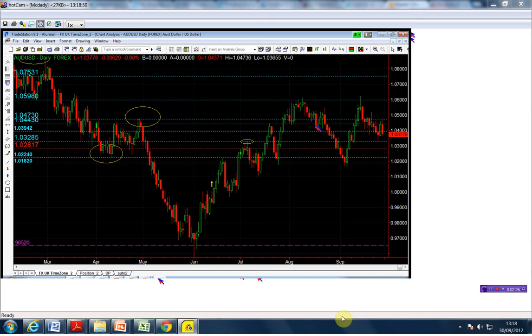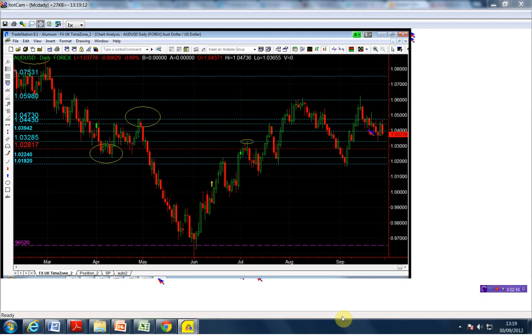And if you would have taken those trades from these structure points without giving it too much thought, if it's below the 104.43, you're going to go short. If it's above the 103.94, you're going to buy it. We would have had, or most of you would have had, very successful trades again in the Aussie dollar for at least the last 4 months.